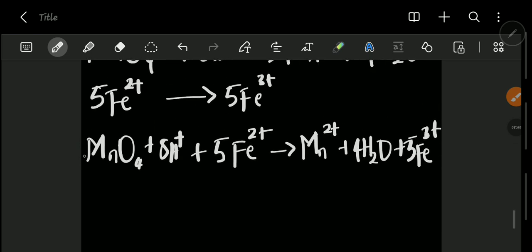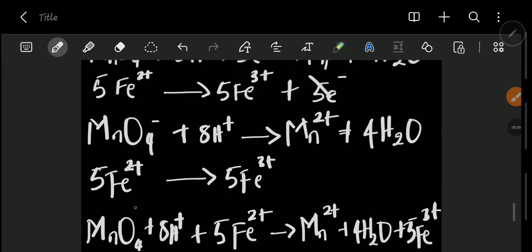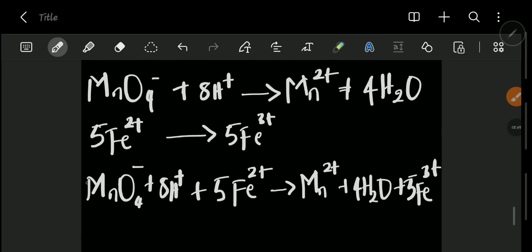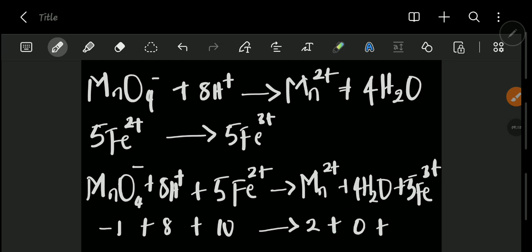For the charges, I have 1 times there's a minus here, right? So I have 1 times minus 1 gives me minus 1, plus 8 times plus 1 gives me 8. Are you there? Plus 5 times plus 2, that gives me 10, right? And then for the other side, I'm having 1 times 2 pluses, that's giving me 2, plus 4 times 0 here, giving me 0, plus 5 times 3 here, giving me 15, right?